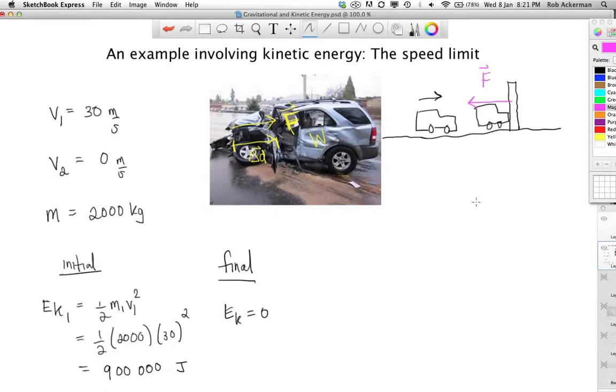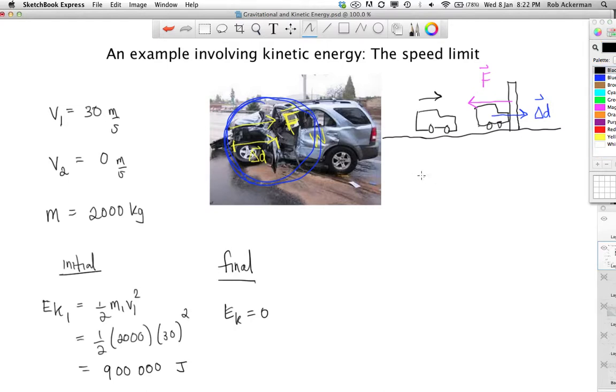So this was the force exerted by the pole on the car. Now, while that was happening, the car continued to move forward a certain distance. That, of course, is why you see that the car is all dented here. Here again we see force and distance. That means work got done.